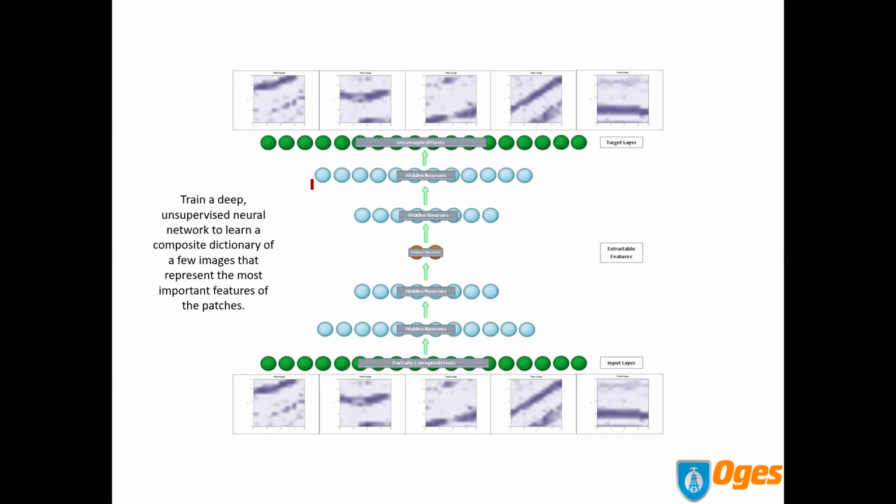Then when we apply this to new images, it should be able to identify the different classes of images that we're looking for, such as the direct hydrocarbon indicators.